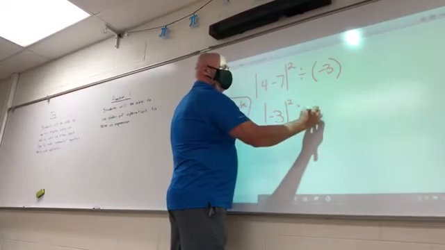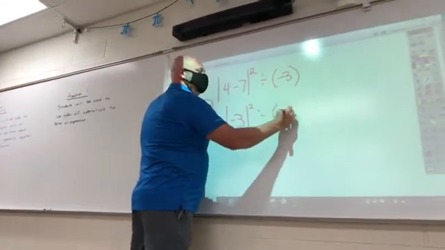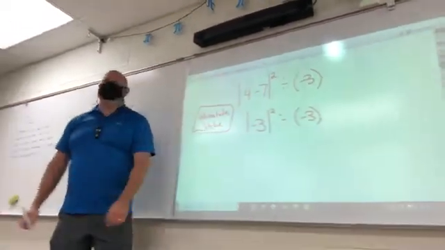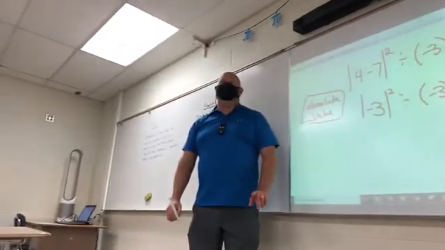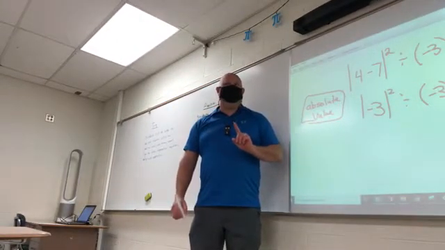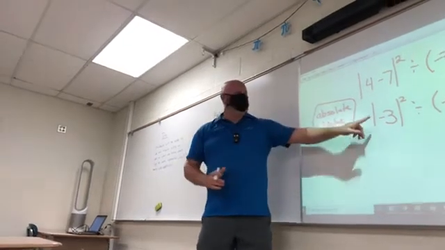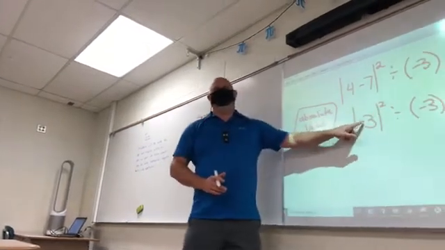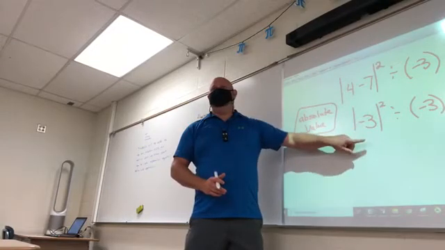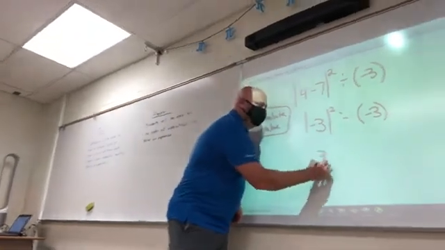Okay. What is the next thing I really should do here? Not yet. I haven't actually taken care of all my parentheses yet. The next thing I really should do is make that negative 3 a positive 3.